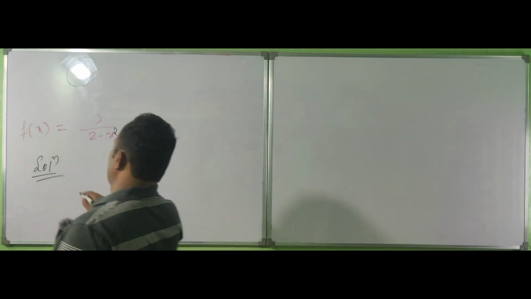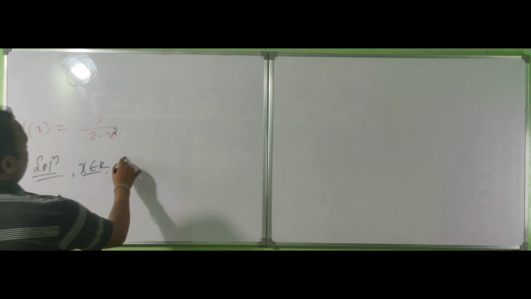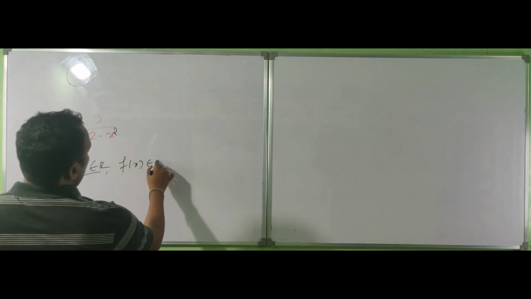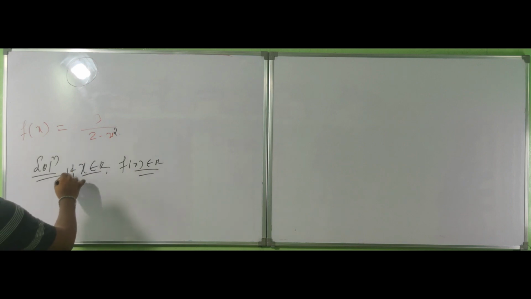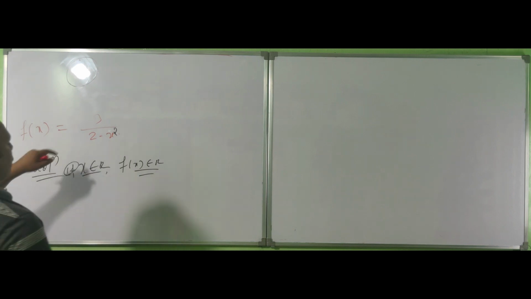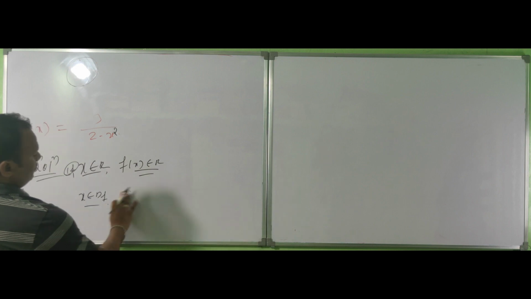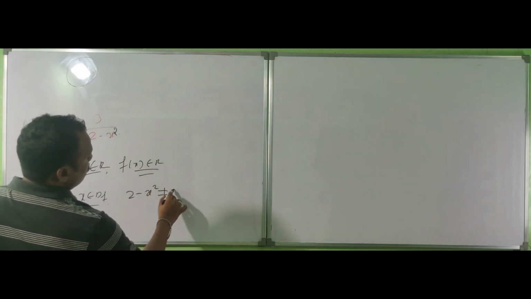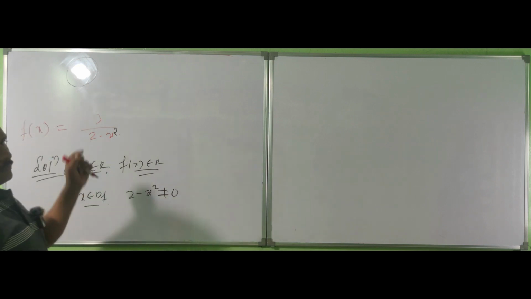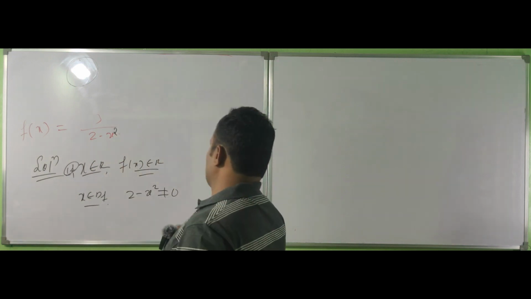If x belongs to R, then f of x belongs to R also. Here x belongs to domain D of f. 2 minus x square should not be equal to 0, so this implies what?